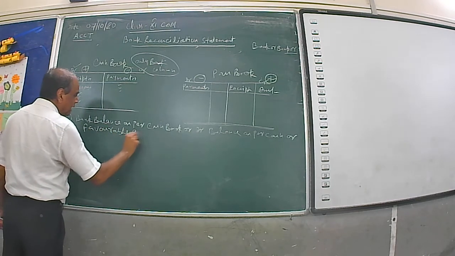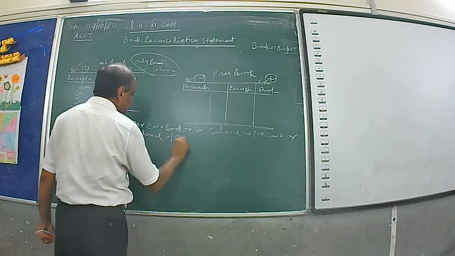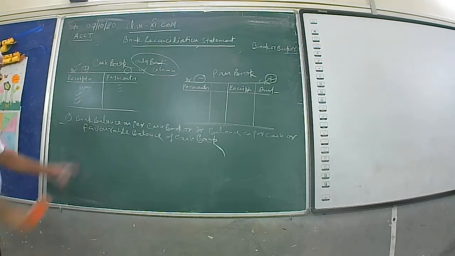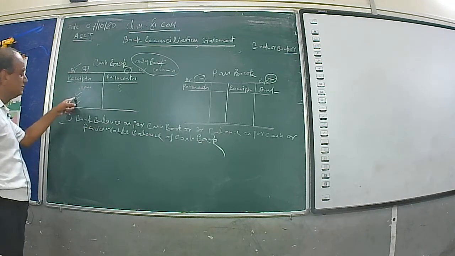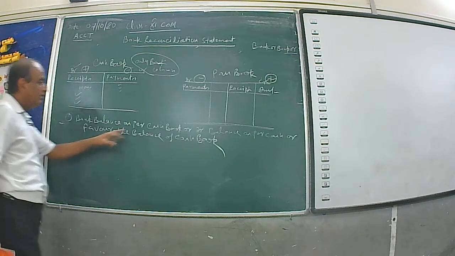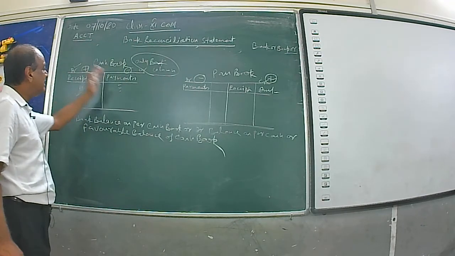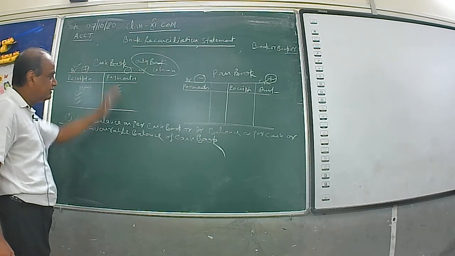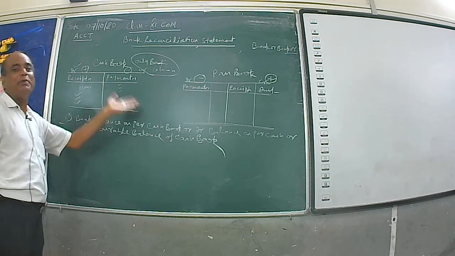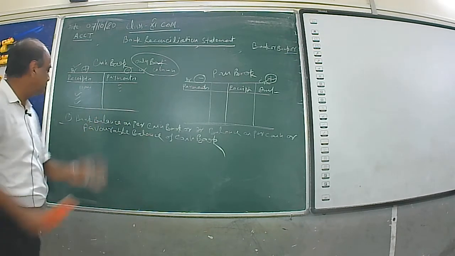Bank balance as per cash book means debit side is greater than credit side. Debit balance means debit side is greater than credit side. Or you can say favorable balance means receipts are greater than payments. That's why it is also known as favorable balance of cash book.